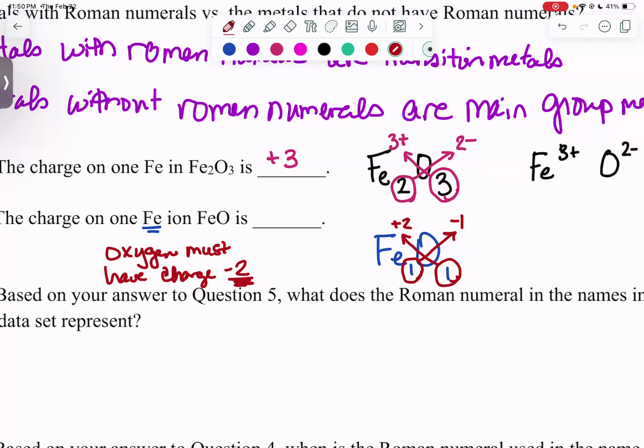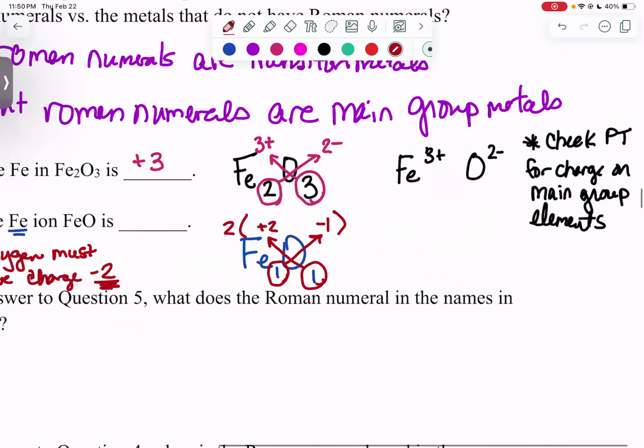So I'm going to have to change, but I can't just change my oxygen. If I change my oxygen, I have to change my iron. So is there a number that I can multiply both of these numbers by in order to make oxygen -2? And that number is 2. So if I do 2 times +2, what do I get? I get Fe, 2 times 2 is 4, and I keep the positive, +4.